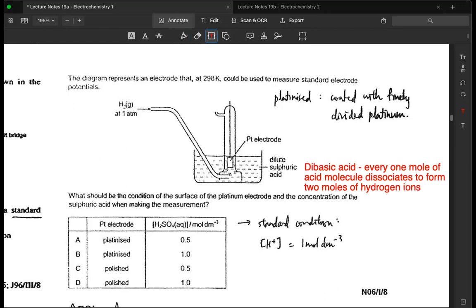So if the concentration is 0.5, the concentration of hydrogen ions will be 1. Be careful of that. The example earlier on is for a monobasic acid. But if you are using a dibasic acid, we have to be careful with the concentration of the acid used. It will be 0.5.